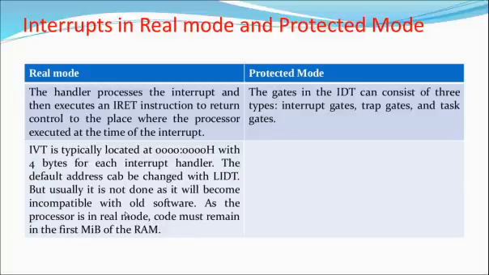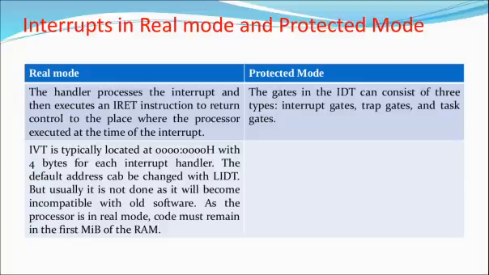In real mode, the IVT is typically located at address 00000000H, all 0s, with 4 bytes for each interrupt handler. So a total of 4 bytes are there, so we can see 8 digits. The default address can be changed with LIDT, load IDT.